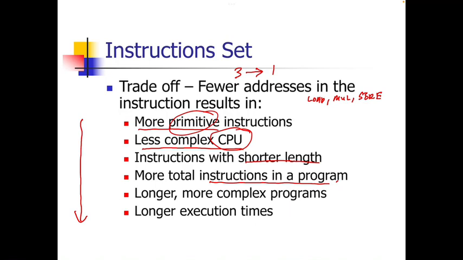When we have three addresses, each instruction becomes more complex, and that means the CPU doesn't like this. And for the execute time, three addresses will take more time compared to one address. This is actually related to what we have in our previous slide.